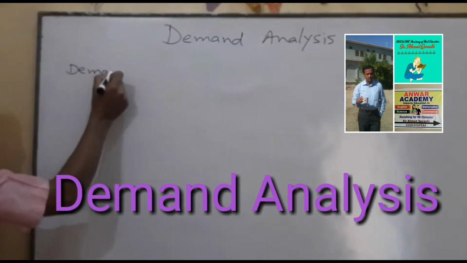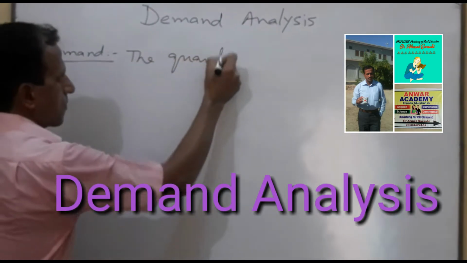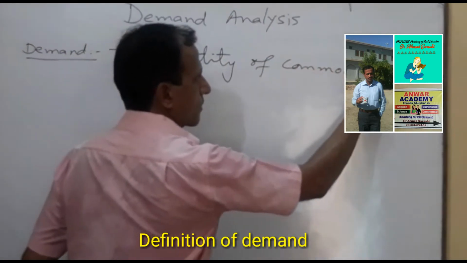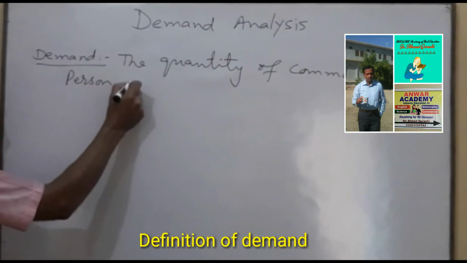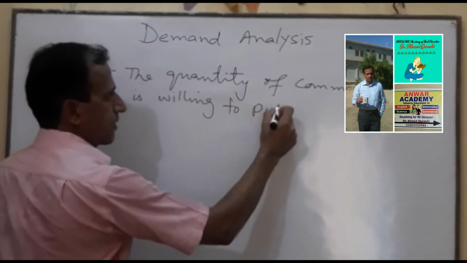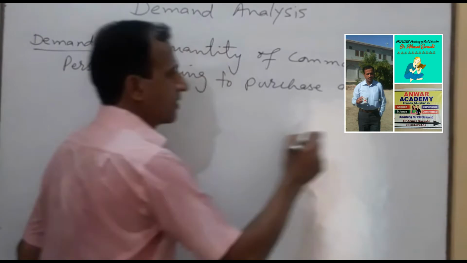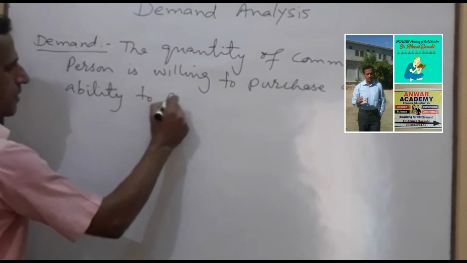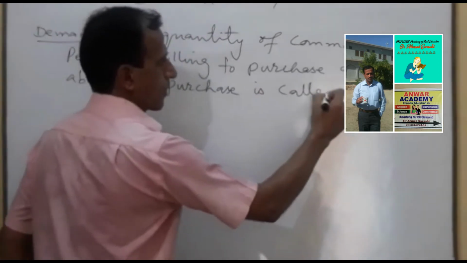Definition of demand: the quantity of a commodity a person is willing to purchase and has the ability to purchase is called demand.